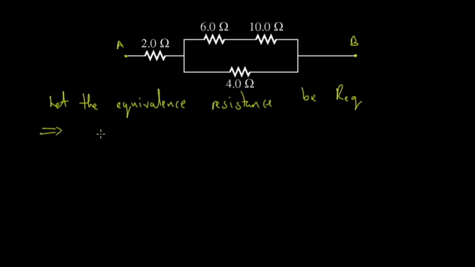So now Req is equal to, let's use our symbols. Usually we start from the end, but here we start at the beginning since it's a simple circuit.